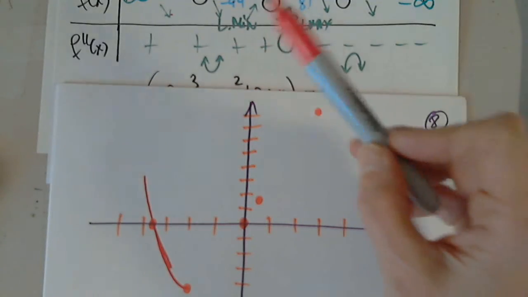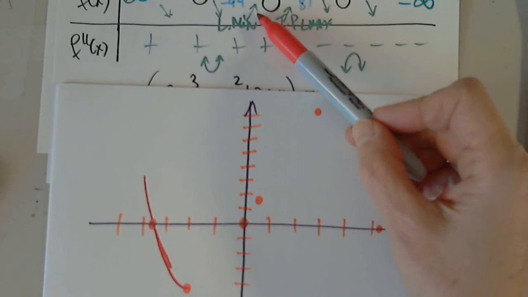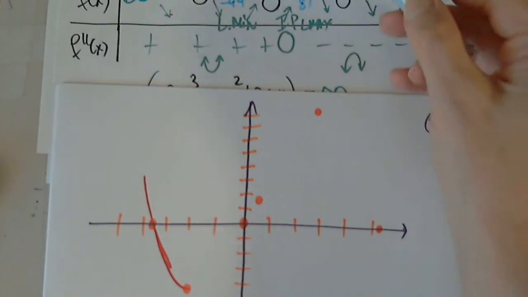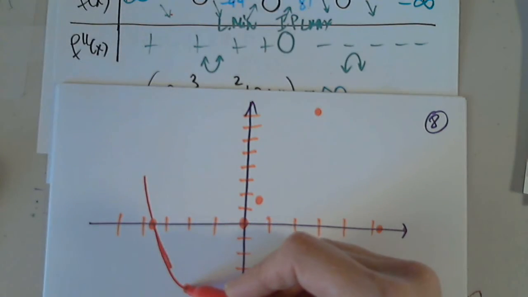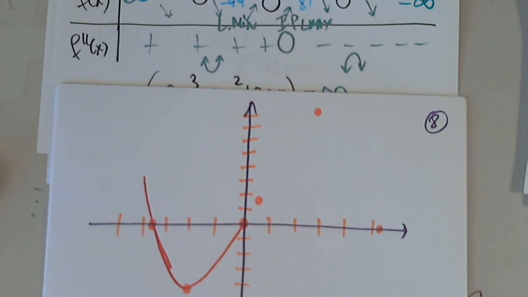Opening upward. Now, because it's a local min, it will start increasing to the origin. Fine. Increasing to the origin.